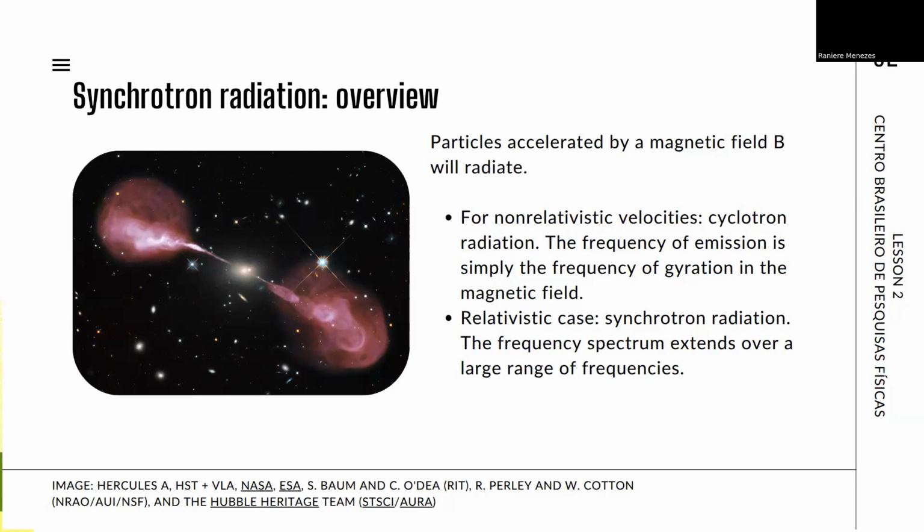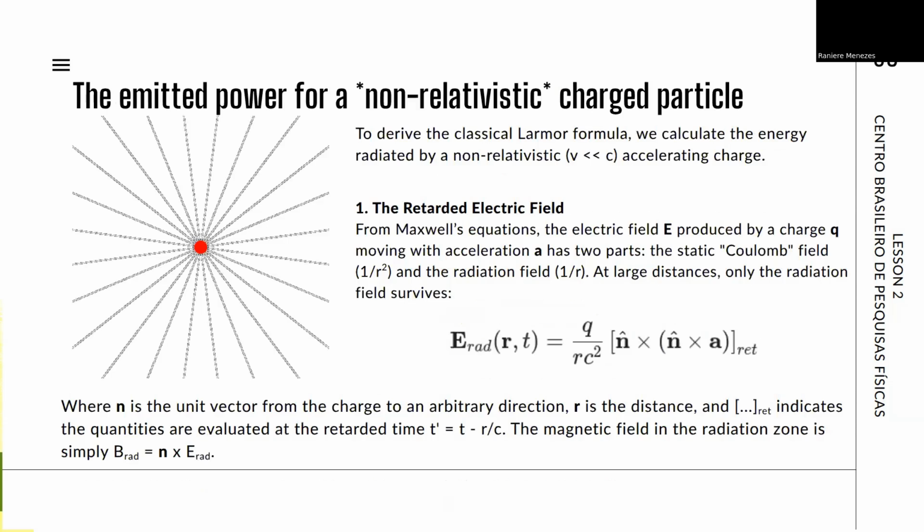If we have electrons spiraling in magnetic fields with non-relativistic speeds, we have cyclotron emission. If they are relativistic, we have synchrotron emission. All of this will be much clearer in the next slides.